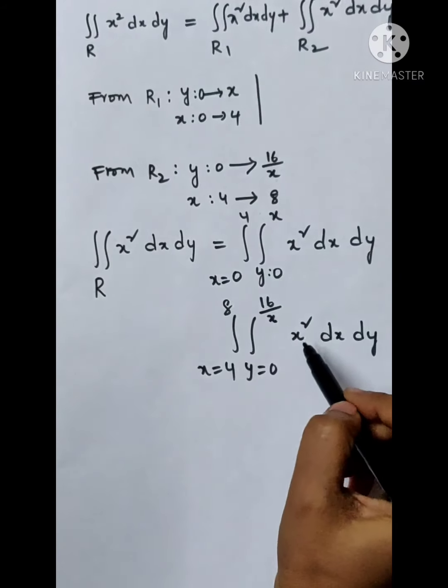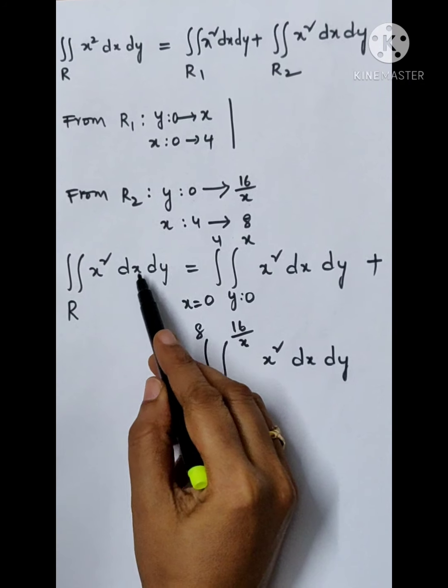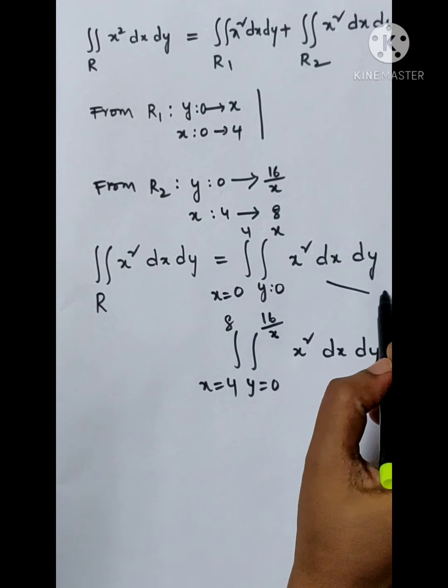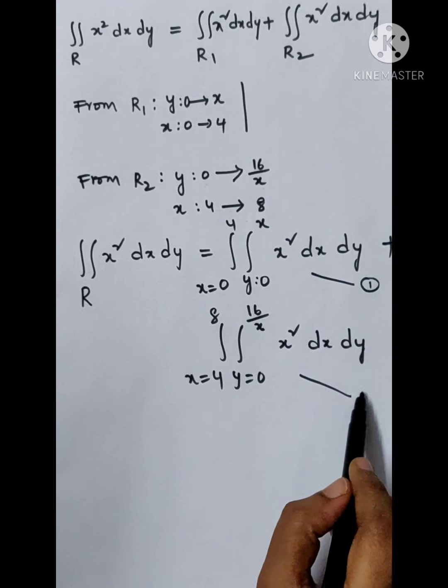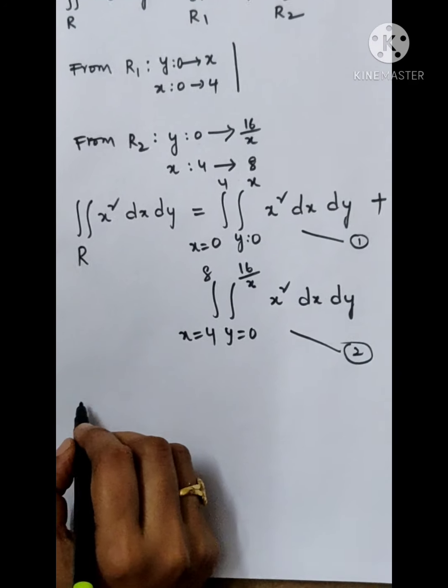By evaluating these two double integrals, we will get the double integral of x square dx dy over R. Take the first double integral as 1 and the second as 2, and evaluate them separately. That makes simplification easy.